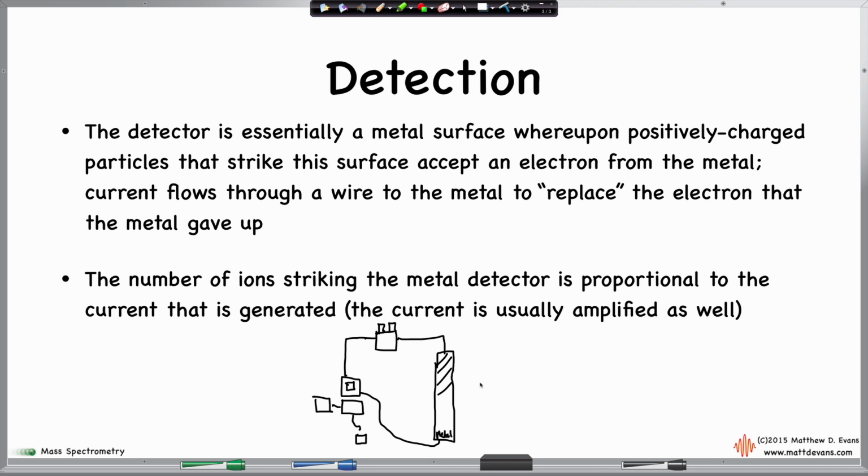Okay, so as these positively charged species make it through the dead man's curve, we'll just call this S for species with a positive charge. These things hit this metal surface eventually, and what happens at that point is an electron from the metal itself is given to the positively charged species, and that creates somewhat of a hole in the metal because it's lost its electron to the compound.